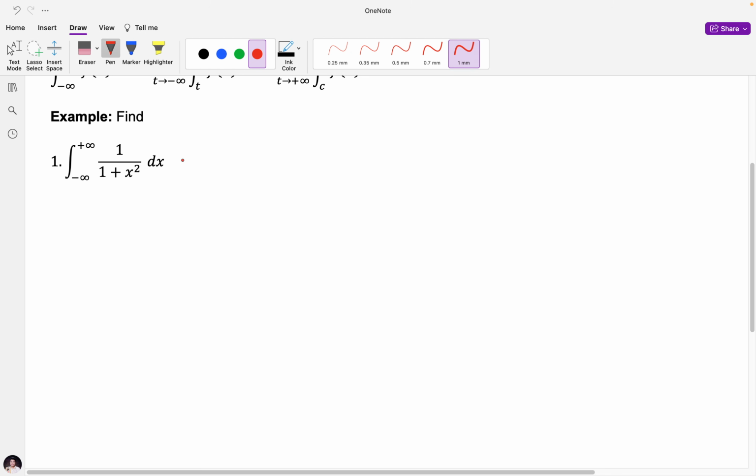We can separate this into the integral of 1 over 1 plus x squared dx from negative infinity to, let's choose one interior point of the domain of this function. Let's choose 0 kasi mas madali pag 0 lang, diba? Plus the integral of 1 over 1 plus x squared dx from 0 to positive infinity.